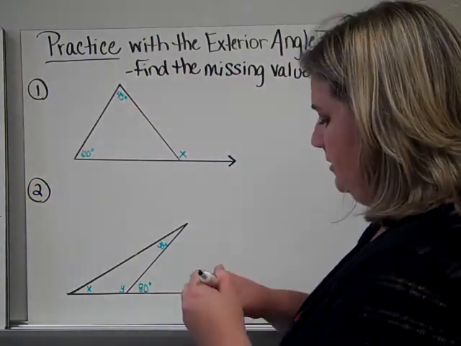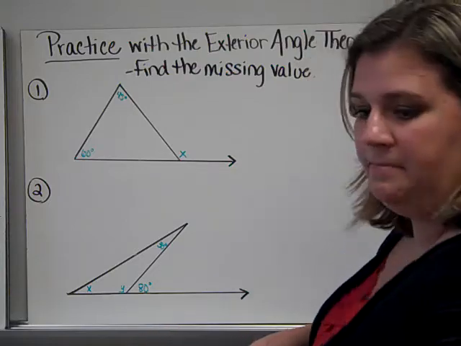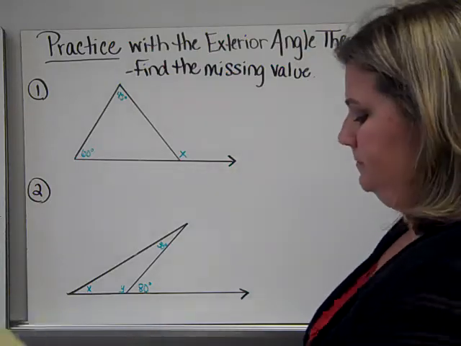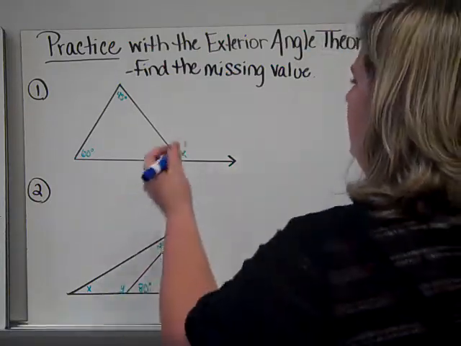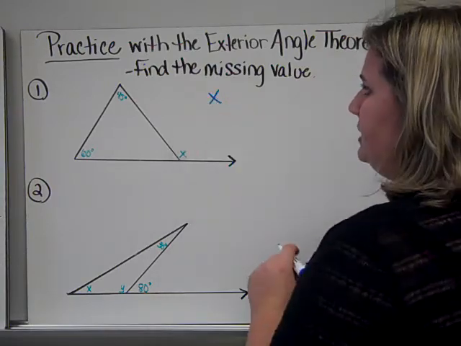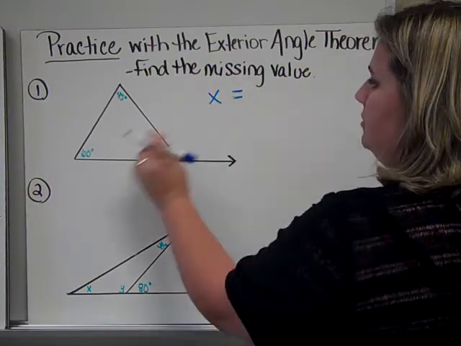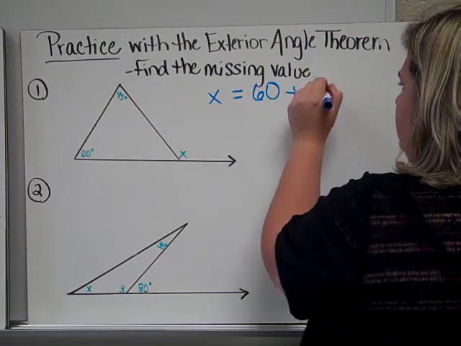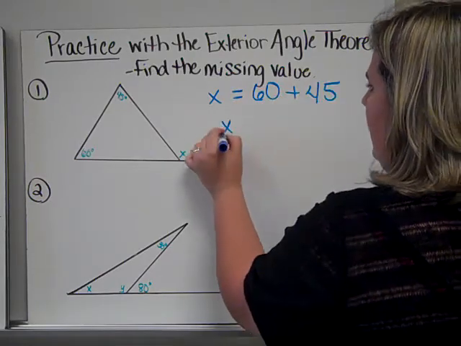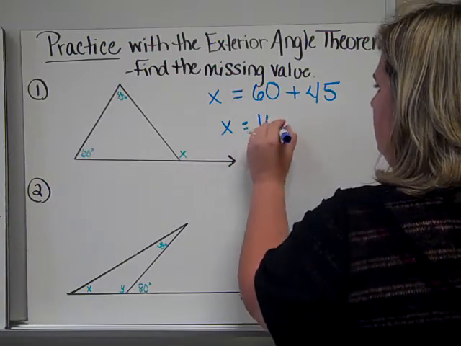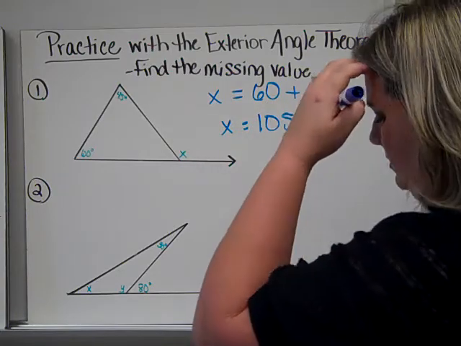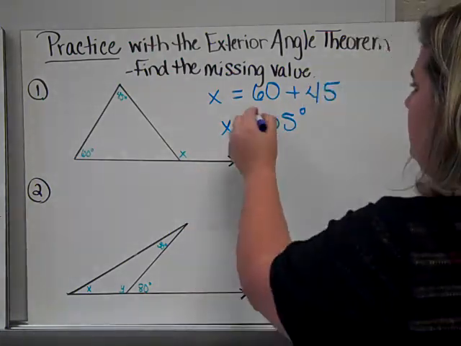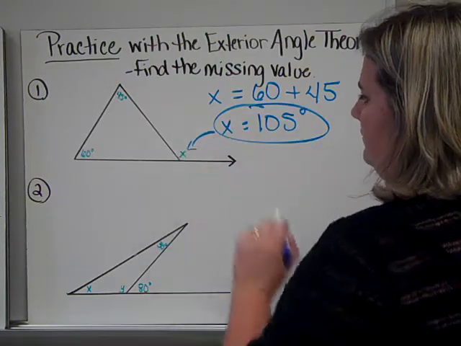So knowing that, I know that my exterior angle is equal to the sum of those two interior angles. And then that would equal 105 degrees. So that would be that angle out there.